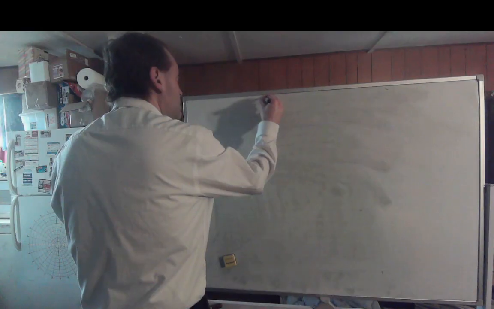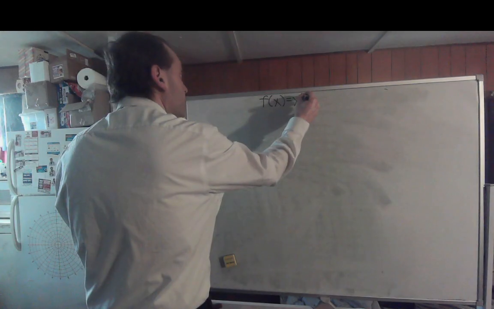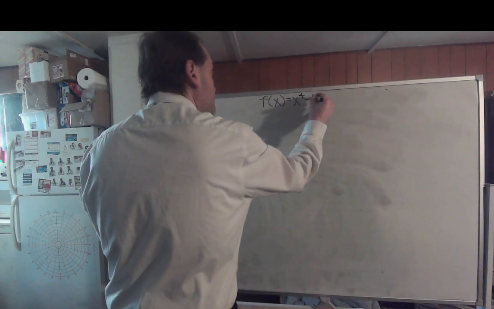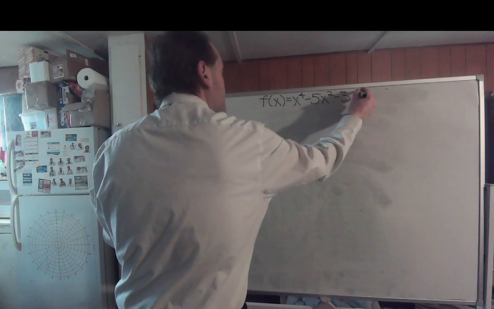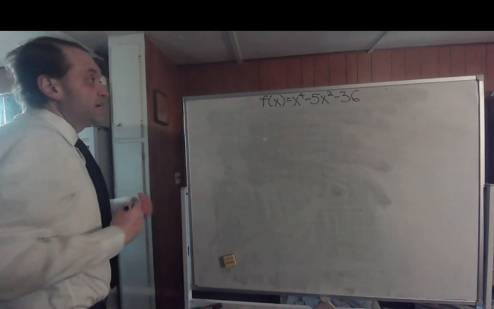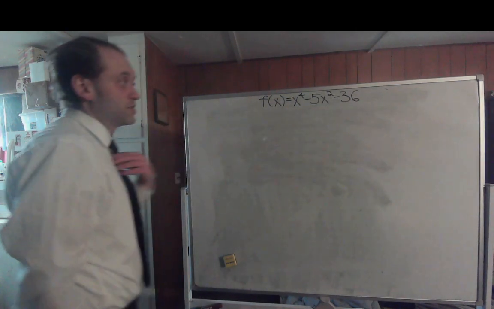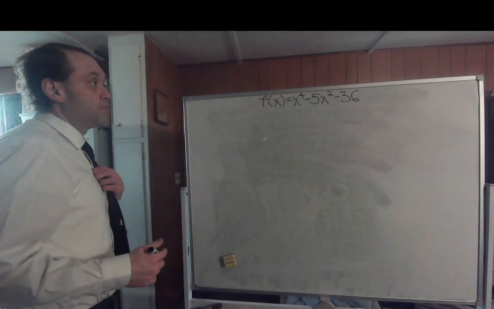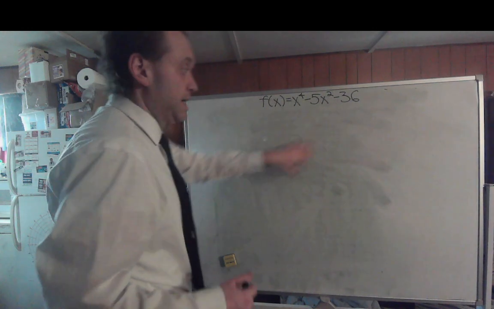All right. Now, we have f of x equals x to the fourth minus 5x squared minus 36. So we have f of x equals x to the fourth minus 5x squared minus 36. Well, since it's an even power, it almost behaves quadratic-like.